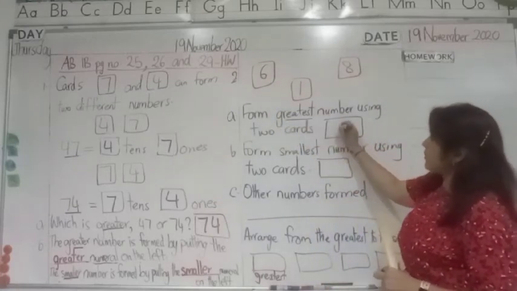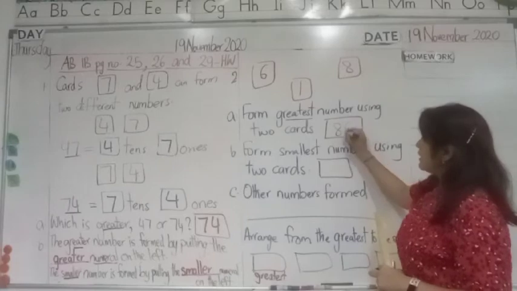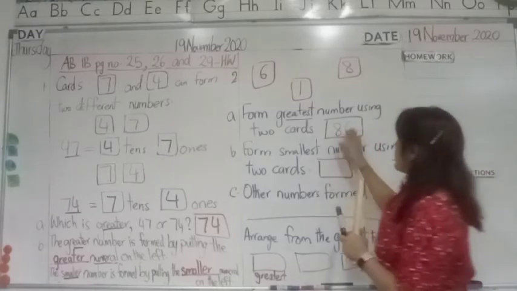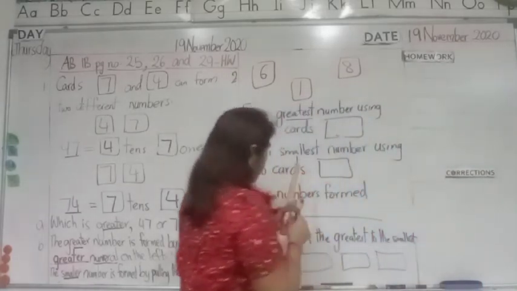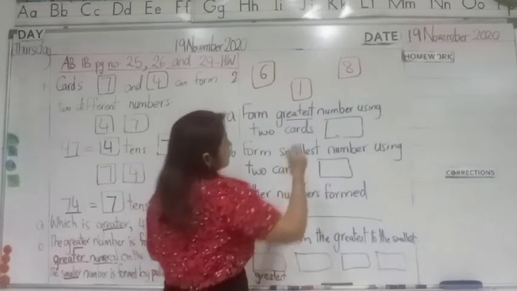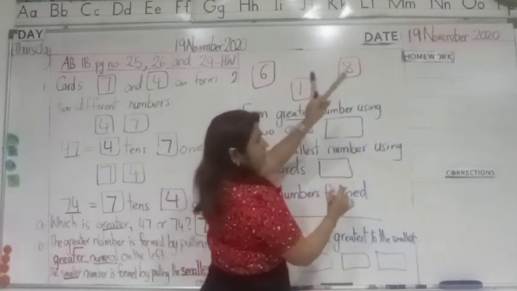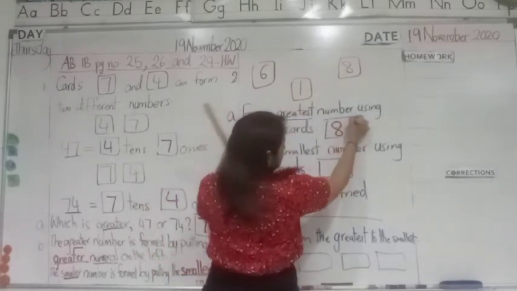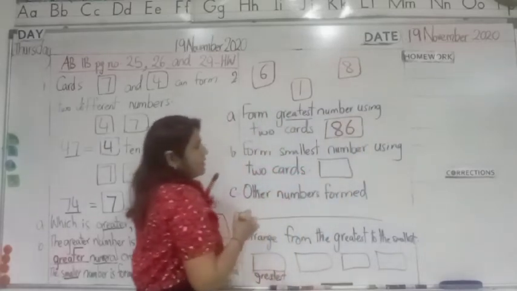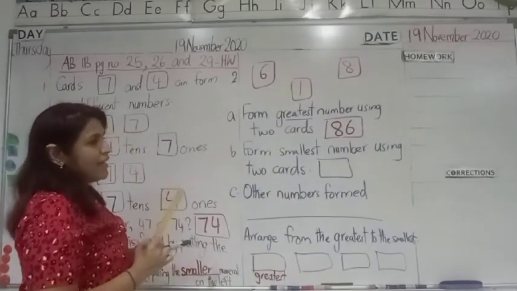Correct. It would be 86. The greatest number, you have to write 8 on your left hand side at the tens place and 6 on the ones side. So it becomes 86.